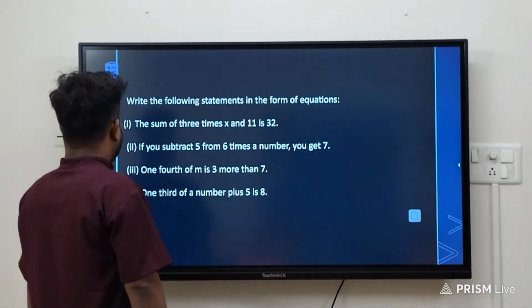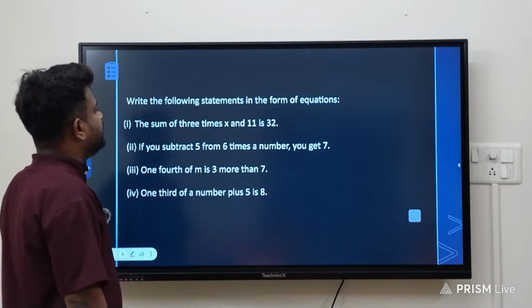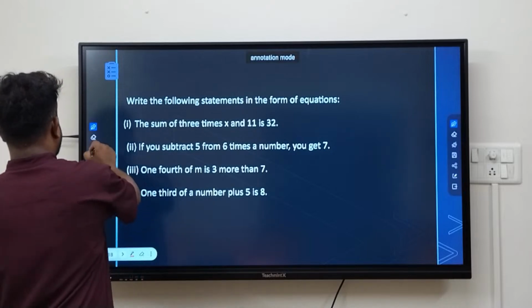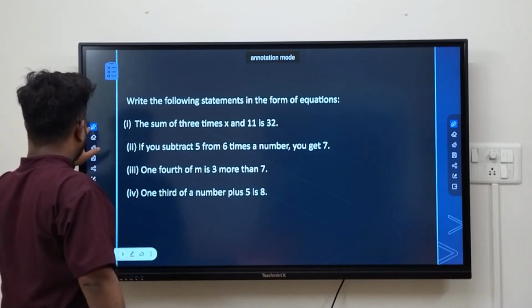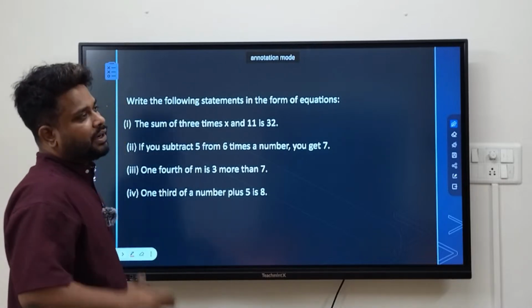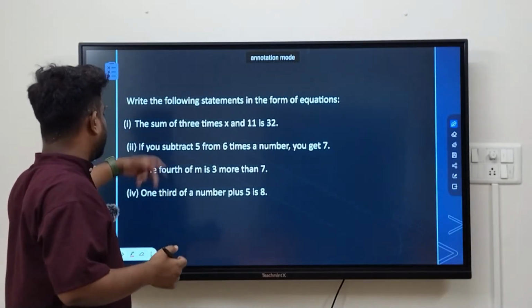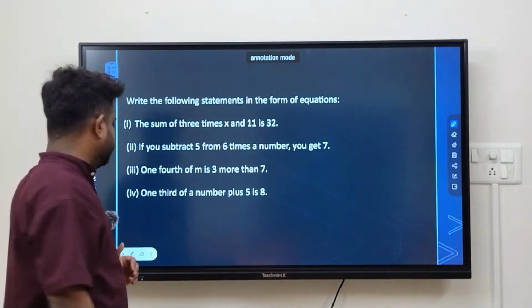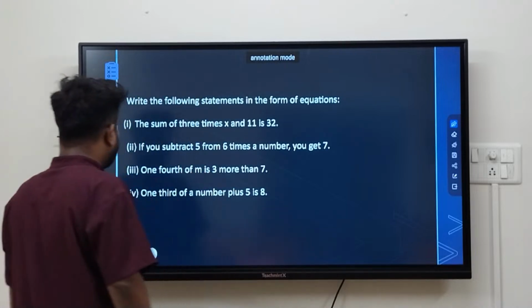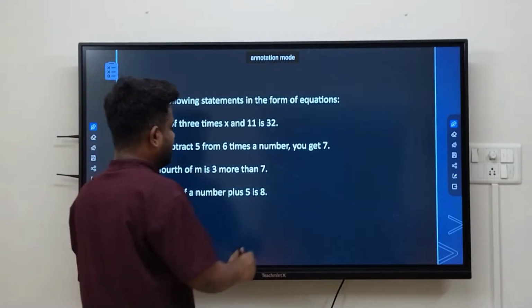The next one: write the following statements in the form of equations. Let's try to do this. I won't write every answer, just two of them, and you can try the other two at home. I am writing 4 and 1. One third of a number plus 5 is 8.